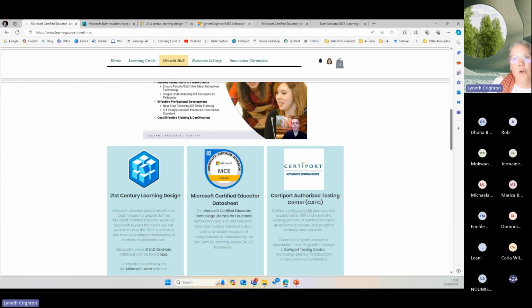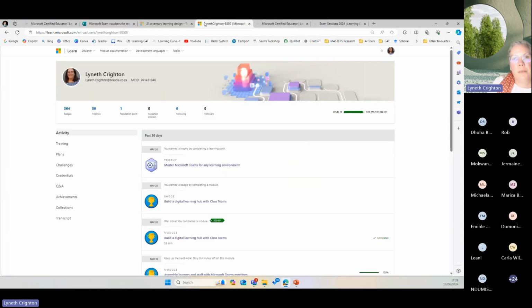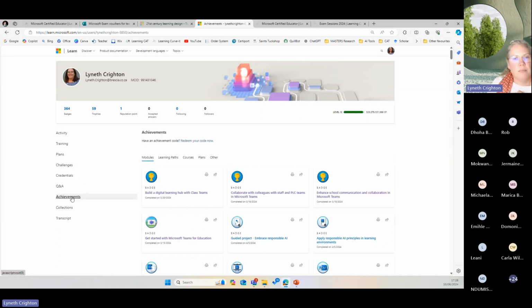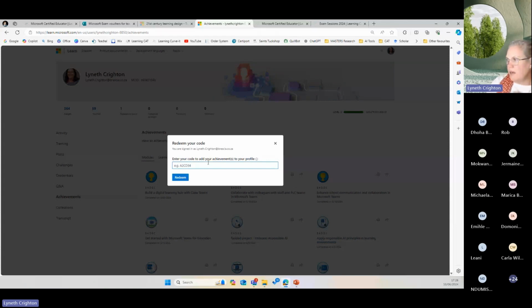In your Microsoft Learn platform, when you're logged in, you go to learn.microsoft.com. Most of you, if you don't have a picture, will have initials. You go to profile, you click on achievements, and right at the top it says redeem your code now. And when you click on that, you type in that code. If you haven't got a profile now, just write it down and then you can put it in later.